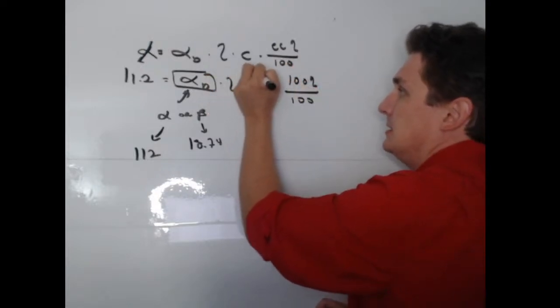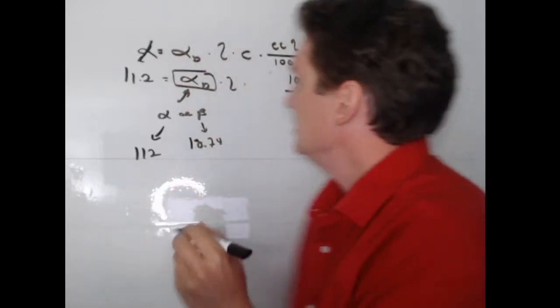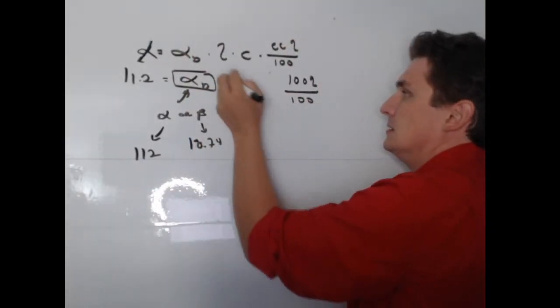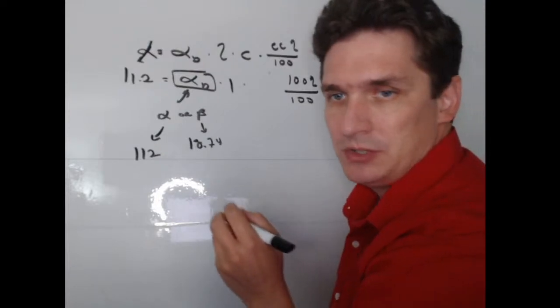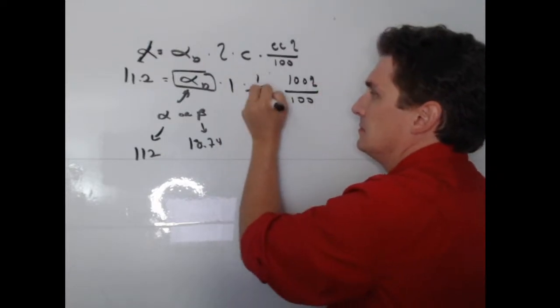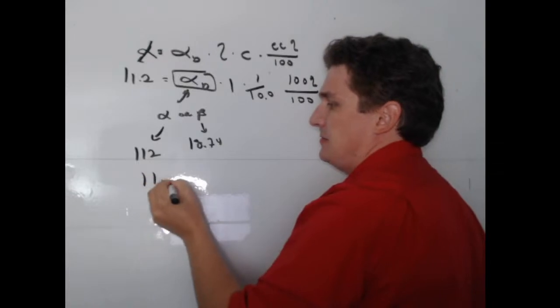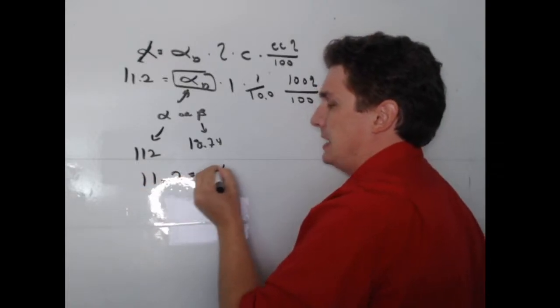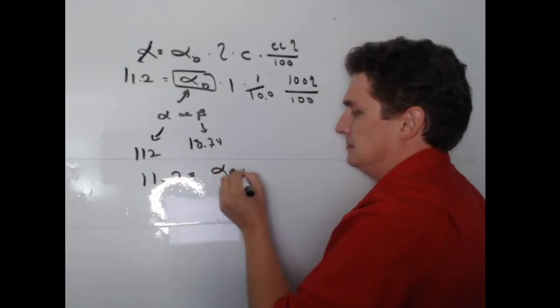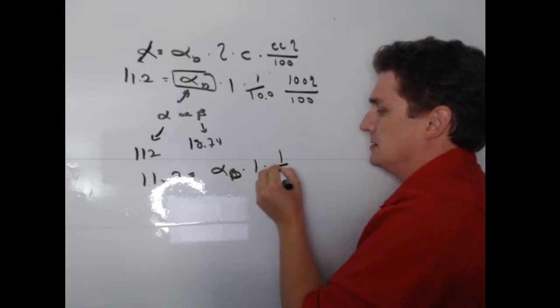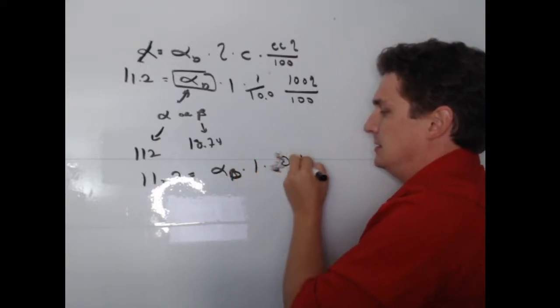We know the path length here is 1 decimeter. And we know the concentration is 1 gram per 10 ml. So we have 11.2 equals the alpha D times 1 times 0.1 times 1.